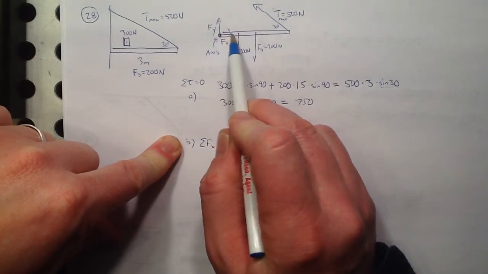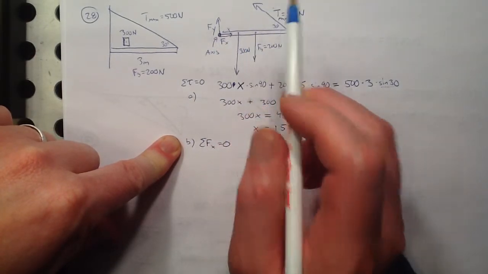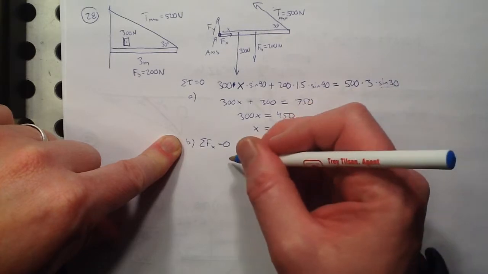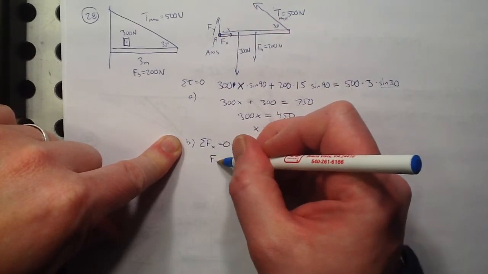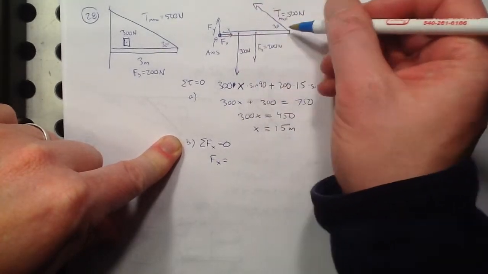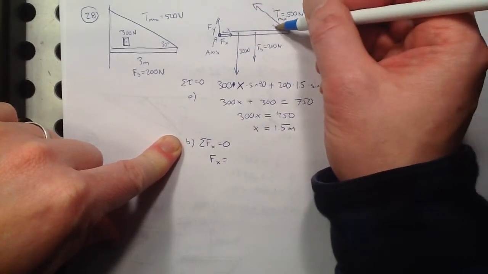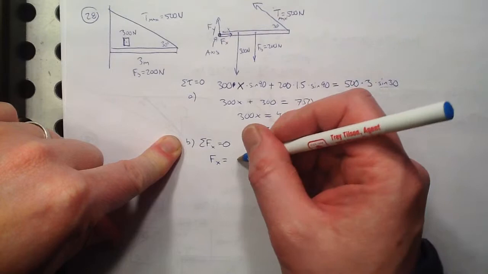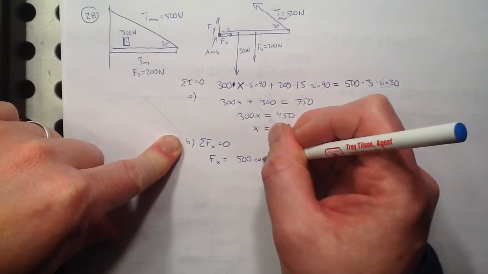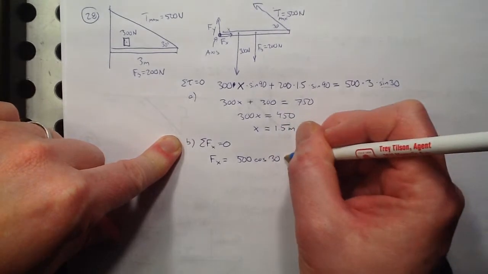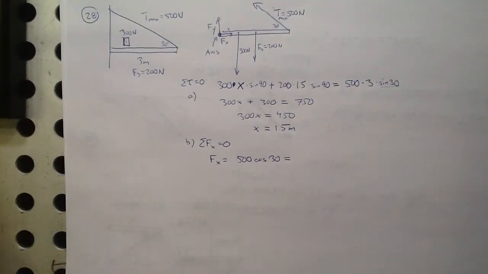I have just this and then the horizontal force from the tension here. So that's Fx in this direction, and then this is 30 degrees, so the cosine component here, T cosine 30, which is 250 square roots of 3.